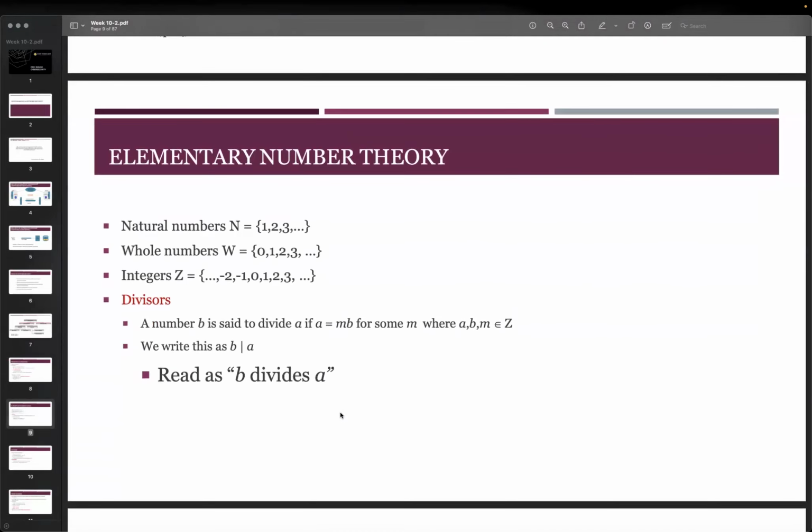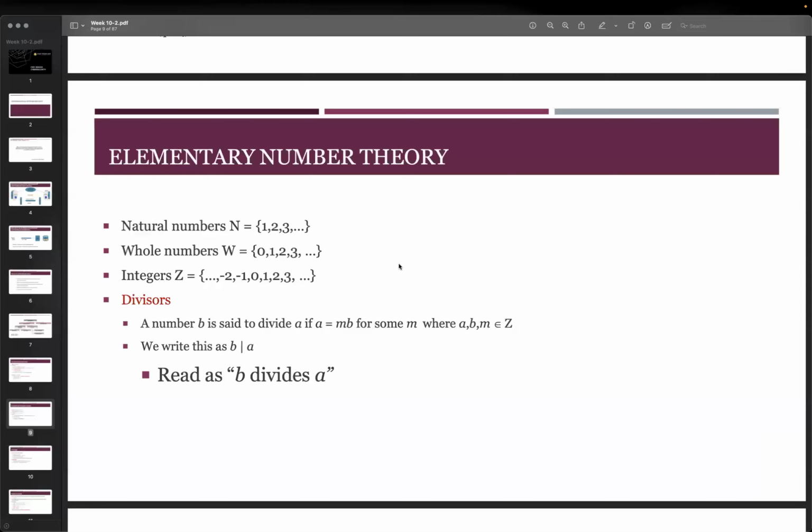Something related to the math: we have some elementary number theory. We have natural numbers, which go 1, 2, 3, 4, 5 and keep going. When we say whole numbers, represented by W, they include 0. When we say integers, Z, we include the negative numbers.